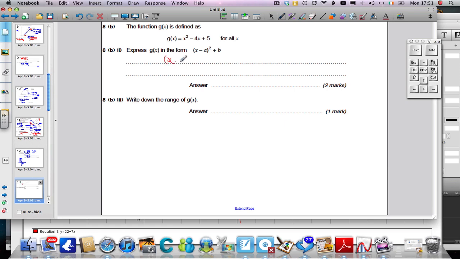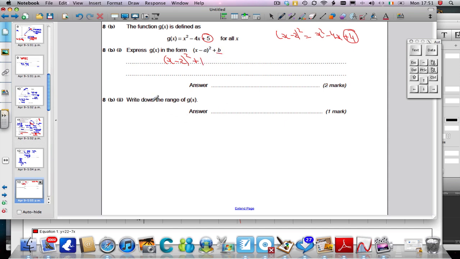So we get x minus 2, square it, and then we have to add something on at the end. Let's just work out what x minus 2 squared is. X minus 2 squared is actually x squared minus 4x plus 4. I don't want plus 4, I need plus 5. So I'm going to have to add 1 on, and that's my b.